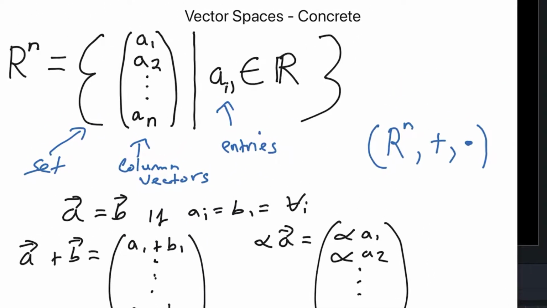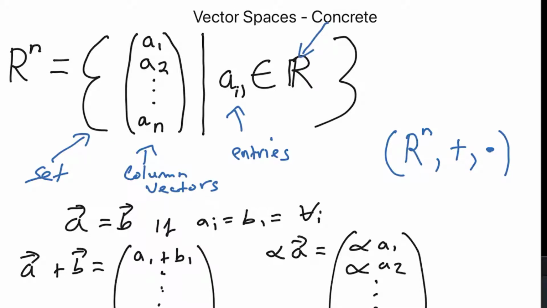Now, the final thing is, what makes Rn a vector space are 10 properties. And said in another way, n tuples satisfy 10 properties. And I'm going to show you two of those 10 on the board.